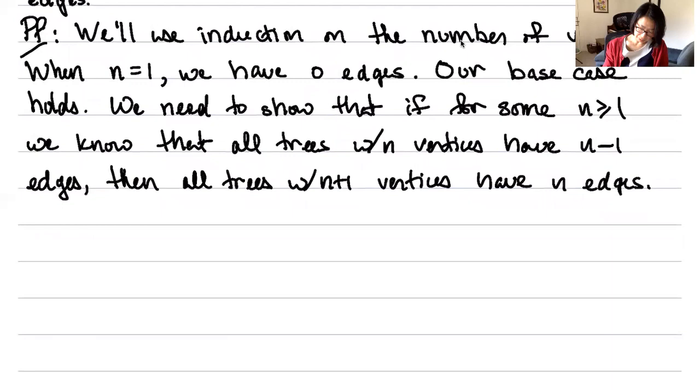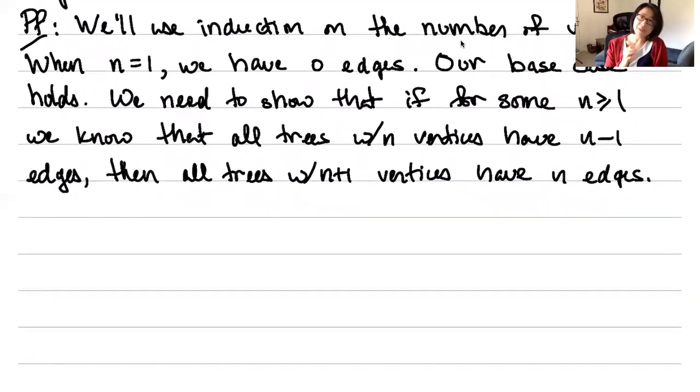Okay, so what we're going to do, and this is really important, it's really important that we focus on the conclusion of this if-then statement and take an arbitrary tree with n+1 vertices, and then show that that tree, about which we know nothing except that it's a tree and it has n+1 vertices, must have n edges. There's this instinct to try to take a tree with n edges and try to add a vertex someplace.